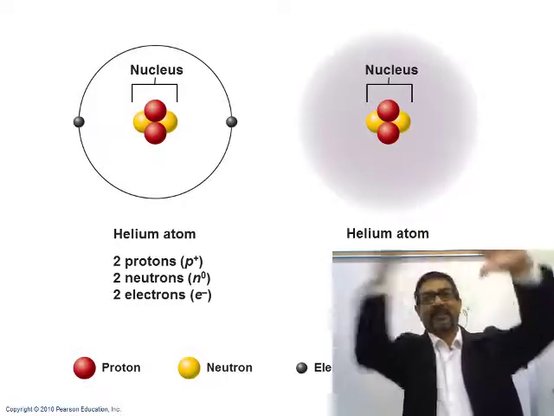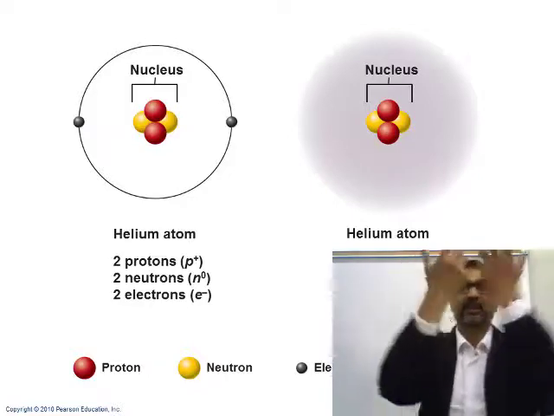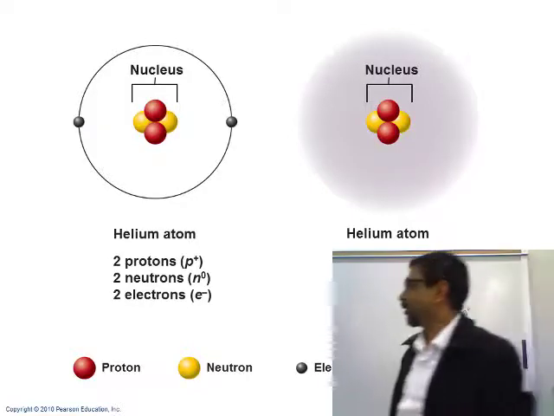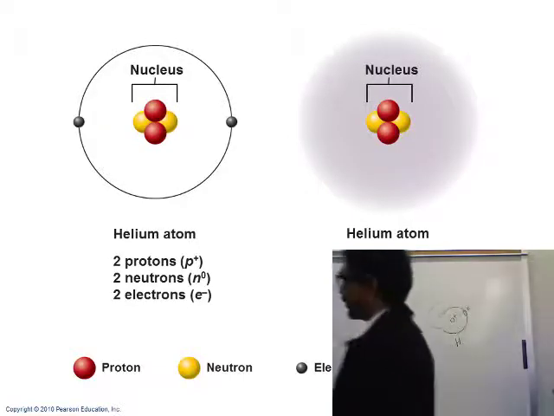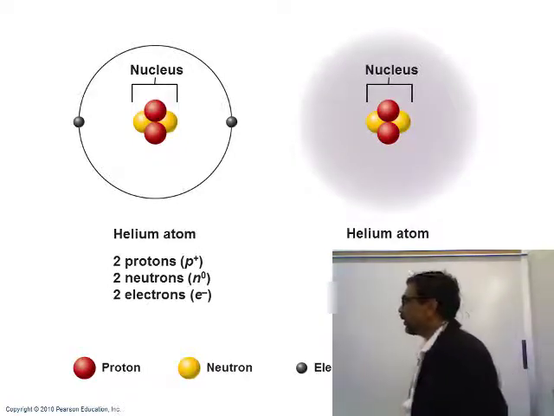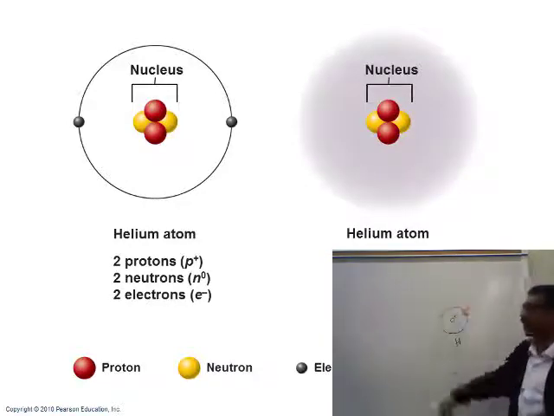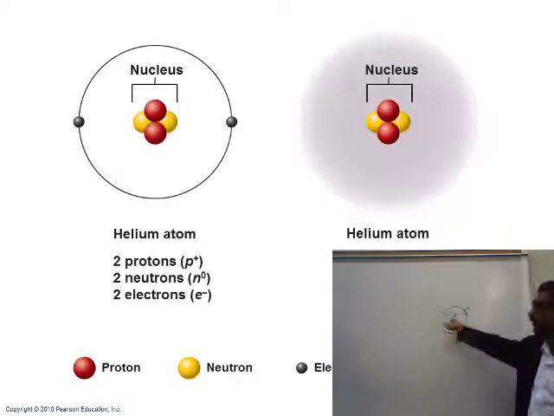So you just think that several circles are moving like this in different planes. So from outside, it will give you kind of a sphere. So that's the electron cloud. From outside, it looks like that, because of the motion of the electrons around the nucleus.